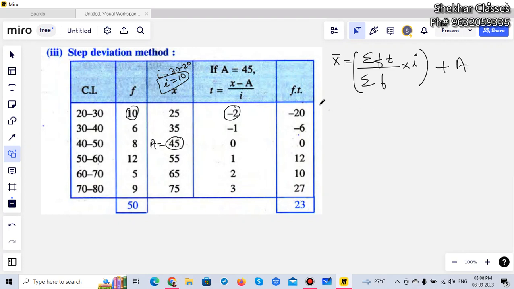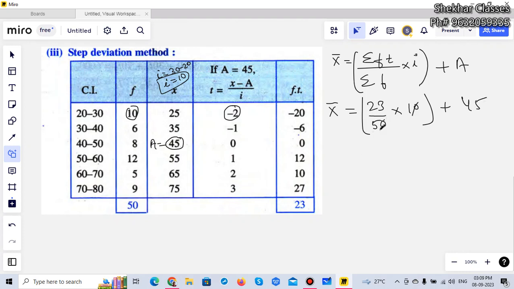So we'll put the values here. So the mean here will be how much? 23 upon 50 into 10 here, since the class size h is 10, and whatever comes you add it to 45.